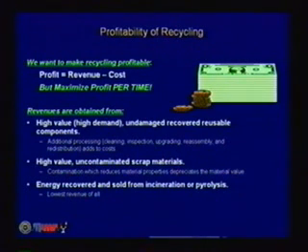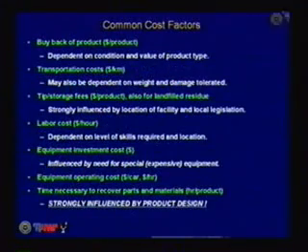Now, revenues, where do they come from? High-value components, of course. If it's gold, it has a high value. Unchanged, undamaged product. If you're going to reuse something, obviously it's going to have a higher value than something that's either contaminated or damaged. You can recover energy, but you're not going to get much revenue from doing that. And these are some of the factors involved in cost.